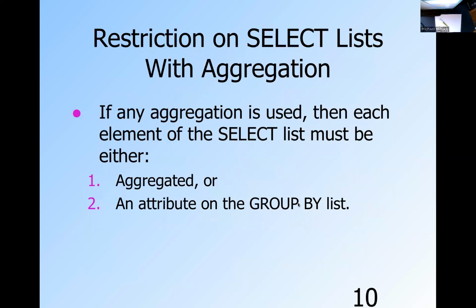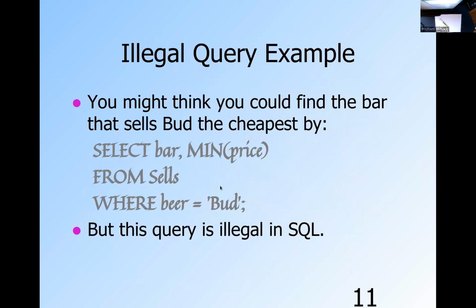All right, restriction on the select clause within aggregation. If any aggregation is used, then each element of the select list must be either aggregated or in the group by list. This is actually where you'll see this happen a lot. You have to try to understand why this is a faulty query.